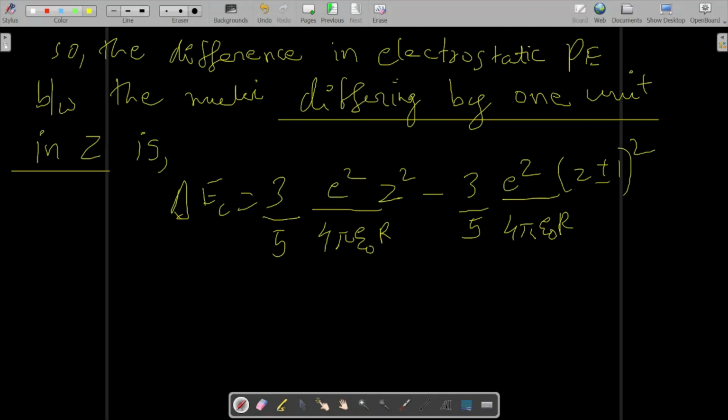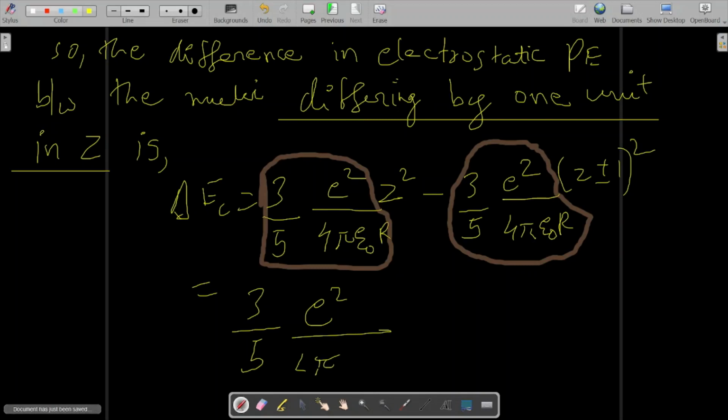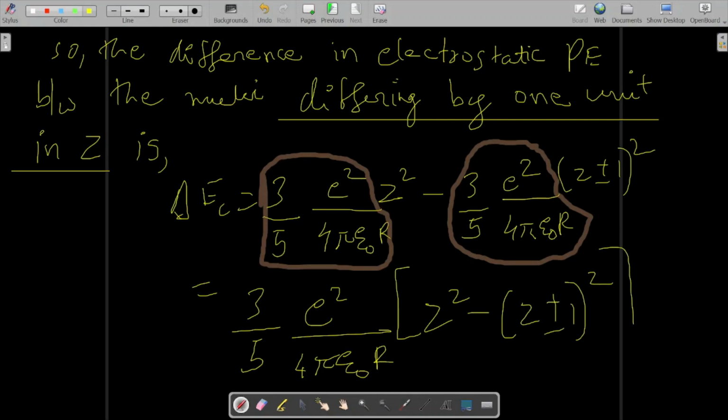Then we will take the common things out. So what will it be? 3 by 5 E square by 4 pi epsilon naught r into Z square minus Z plus or minus 1 whole square.